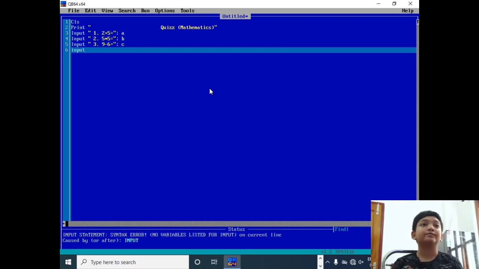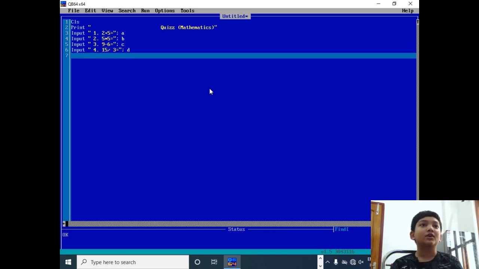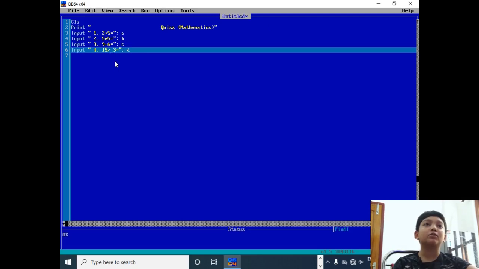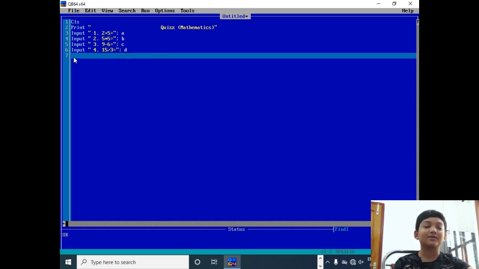Input, question number 4. I want to give something, let's give division. 15 divided by 3 is equals to, and let's give it D. Now erase this gap, you don't like gaps.